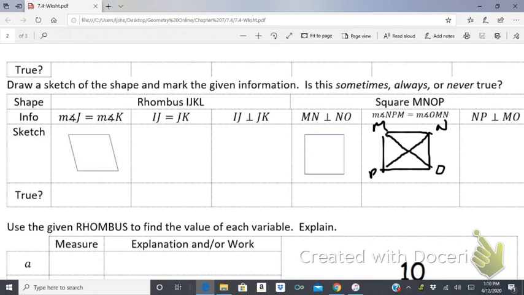It's asking me if this angle here, NPM, is congruent to OMN, which is here. This is always true, because remember, every single one of these little angles on the inside is always 45 degrees, every one of them. So all of those little angles are the same.